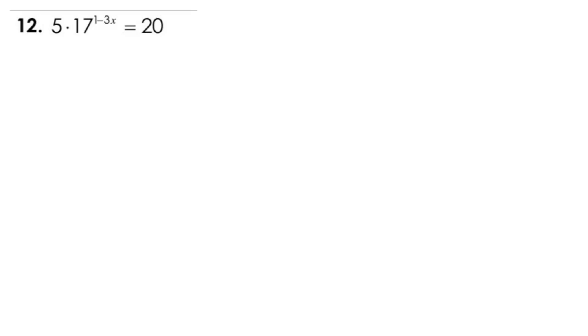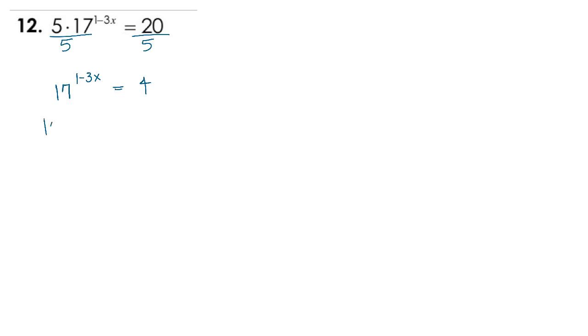Right, our next problem, we do not have our exponential term by itself on one side. So we're going to have to divide by 5 first to get it by itself. So here we're dividing, and so we're going to have 17 raised to the 1 minus 3x, and that's going to be equal to 4.